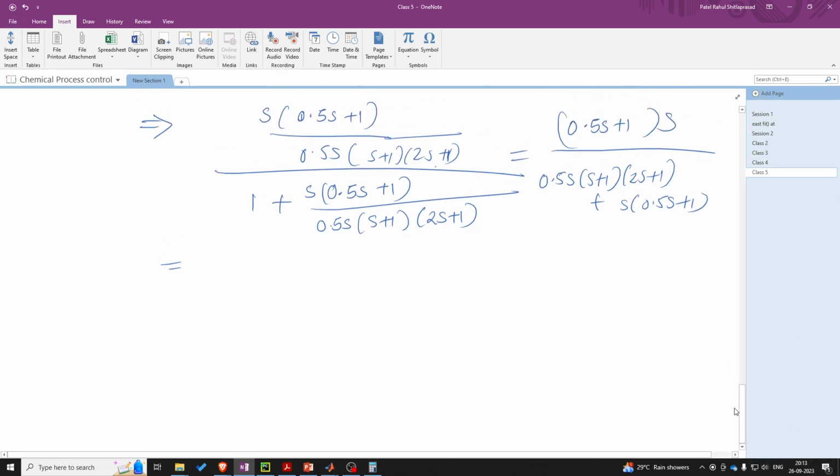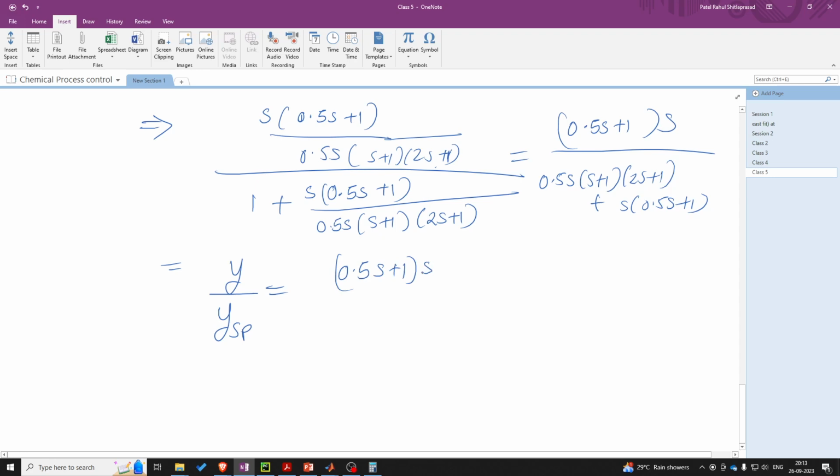So let me repeat it over here: Y upon Ysp will become (0.5s plus 1) into s upon (0.5s plus 1)(2s plus 1) into (s plus 1) into s into (0.5s plus 1).